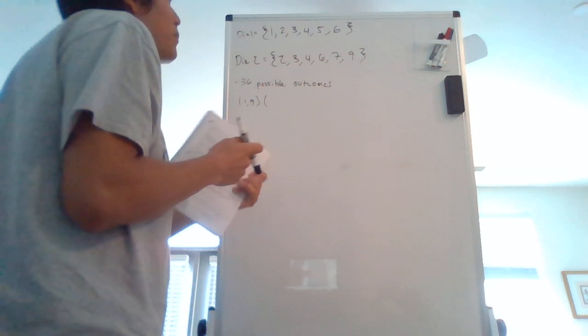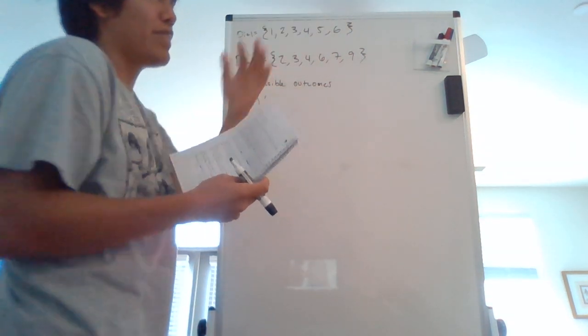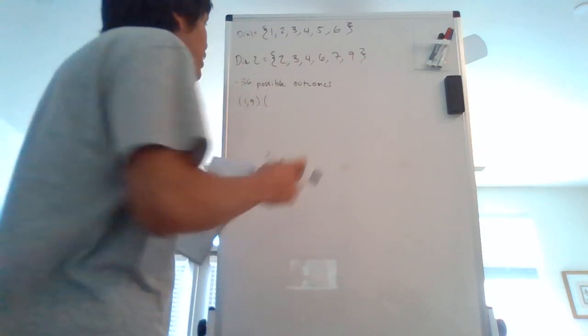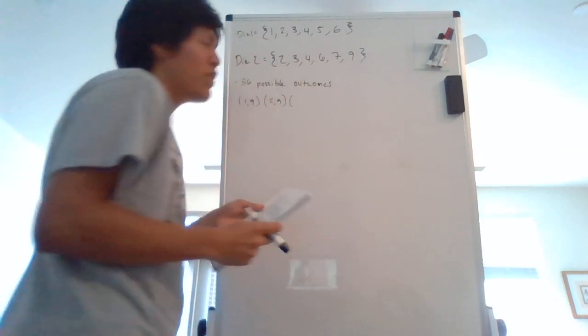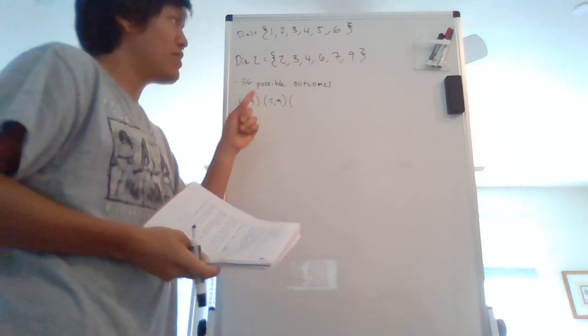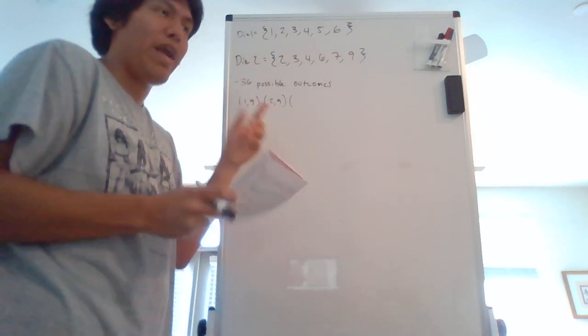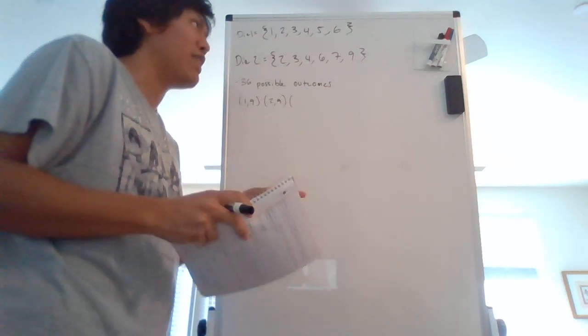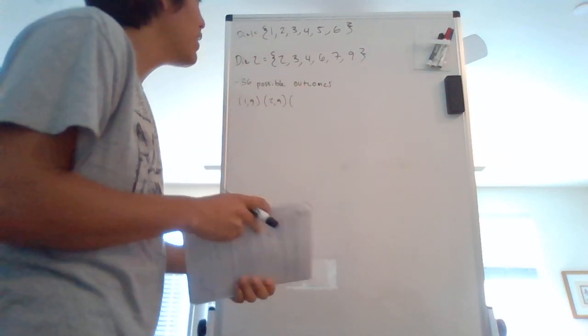What's another one? We could do 2 and 9, because that's 11. That's greater than 10, so that's another one. And we would just do this entire process to find all the possible combinations where n is greater than or equal to 10, n being 10, which is what the question asks.